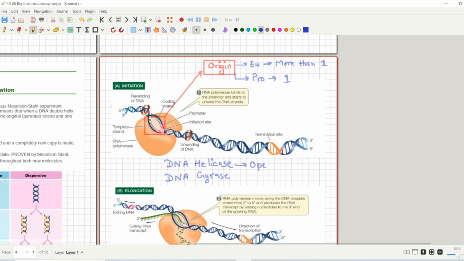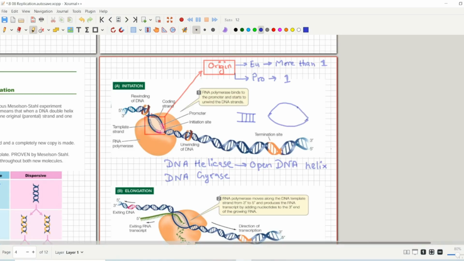How does it actually work? If you can see here, this is a DNA molecule in front of you, and if you move both of these strands away from each other, like this, you will have a bubble-like structure. So DNA helicase is the enzyme that will open up this DNA helix structure, so the two strands of the DNA can be separated.